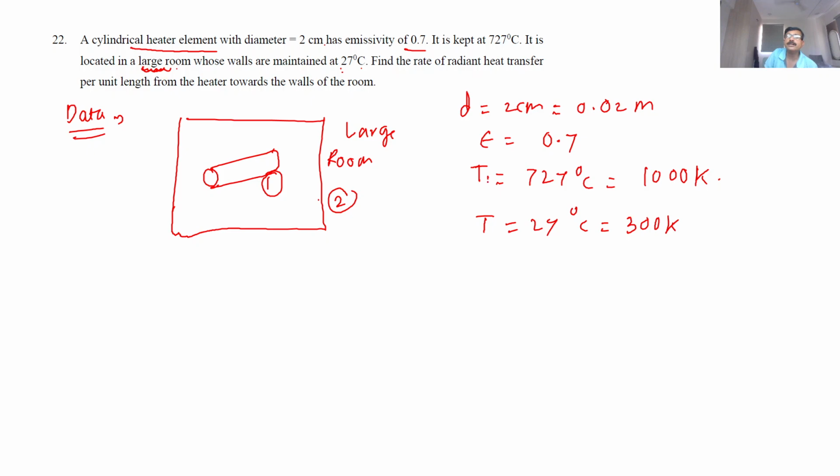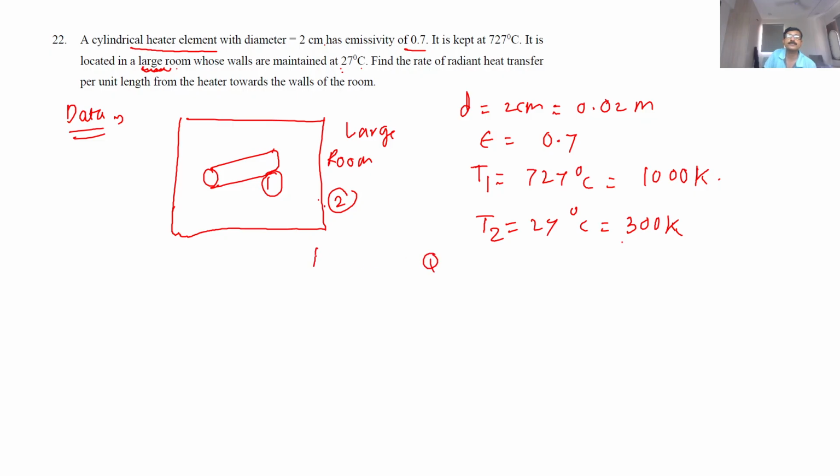So this cylinder is at 1000 Kelvin, that is T1, and the room is covering it, it is outside, so that is T2, whose temperature is 27 degrees Celsius, means 300 Kelvin. So T1 and T2 are decided. Inside is 1 and outside is 2. And what have they asked? Find the rate of radiant heat transfer.